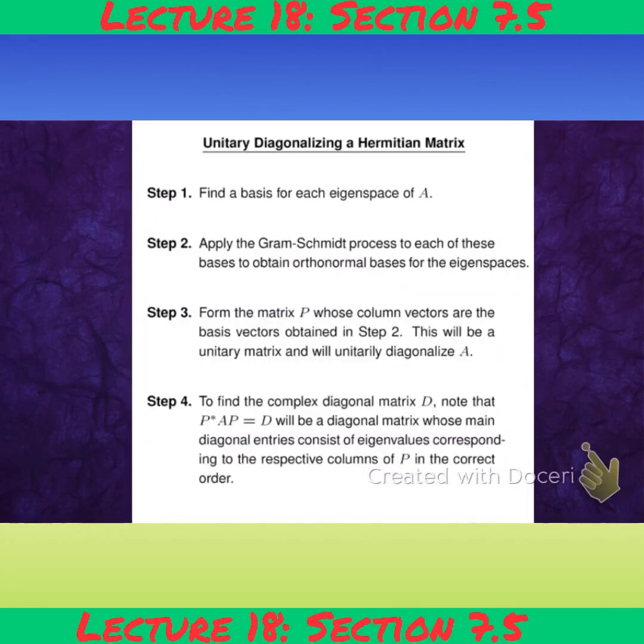So this is the procedure for unitary diagonalizing a Hermitian matrix. So first you find a basis for each eigenspace of A. Then you apply the Gram-Schmidt process to each of these bases to obtain orthonormal bases for the eigenspaces. And then you form the matrix P, whose column vectors are the basis vectors obtained in step 2.